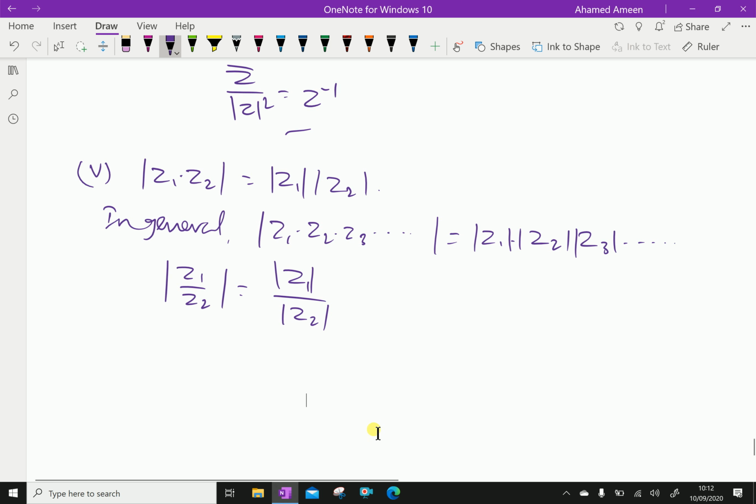This also holds for multiple factors like z1, z2, z3, z4, z5.